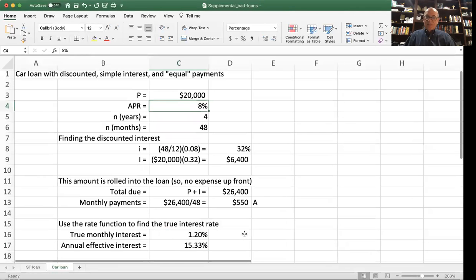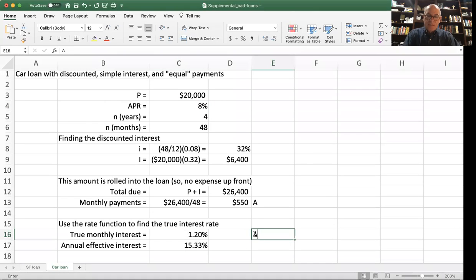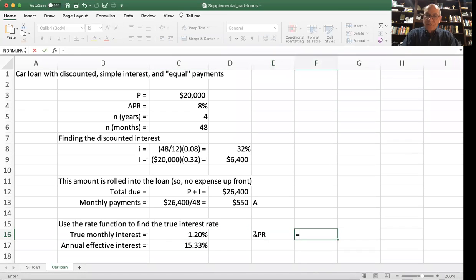Let me show you another little trick here. I'm going to say APR, which is not the APR that they said, but this is the APR using the true rate that you're paying. So if you're paying 1.2% per month, the APR is equal to this monthly rate times 12.